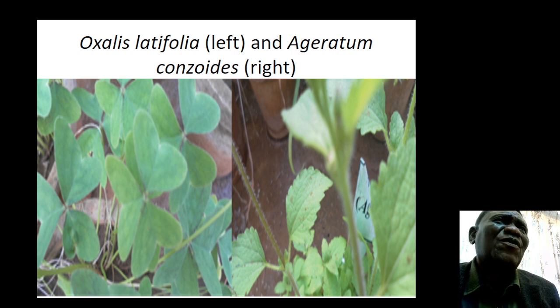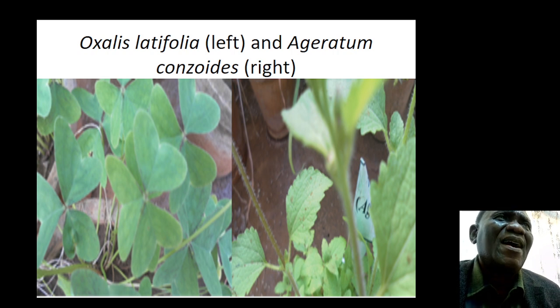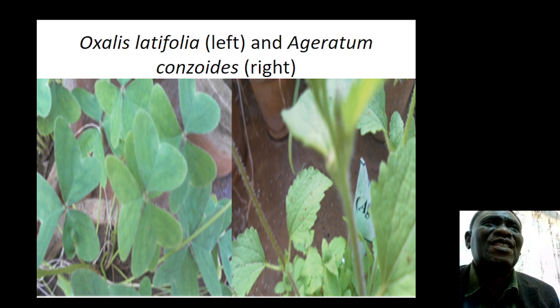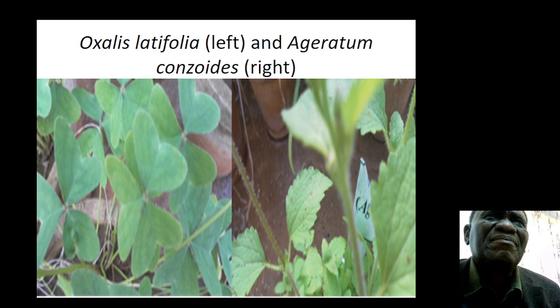On this slide, we have got Oxalis latifolia on our left and the Ageratum conyzoides to our right. Oxalis latifolia has got smooth leaf surfaces, whereas Ageratum conyzoides has got a rough surface, but the leaves of Ageratum could also be orientated almost upright.